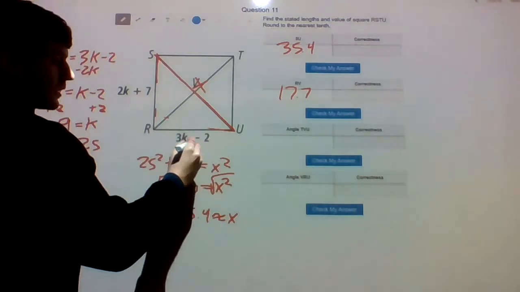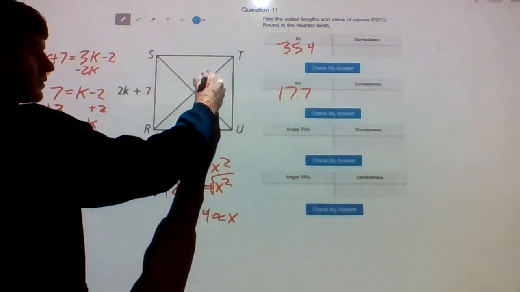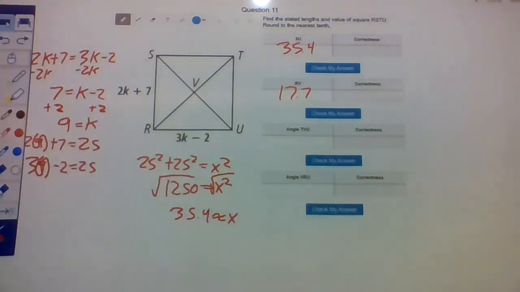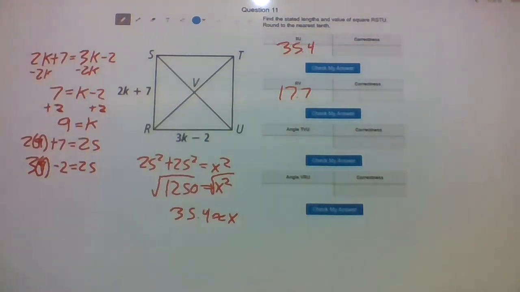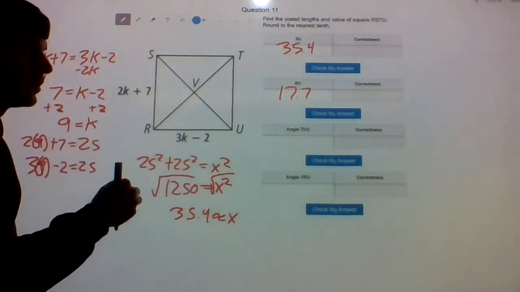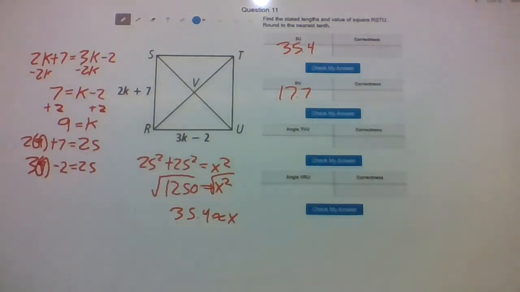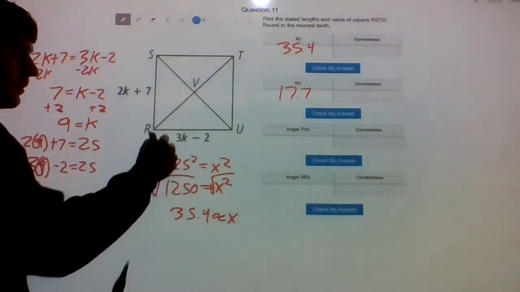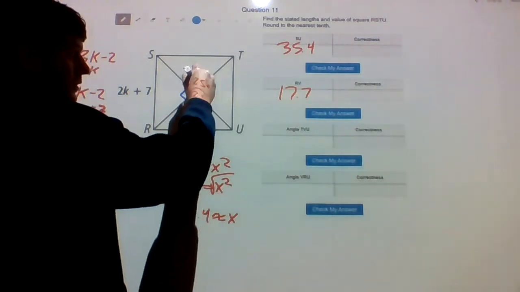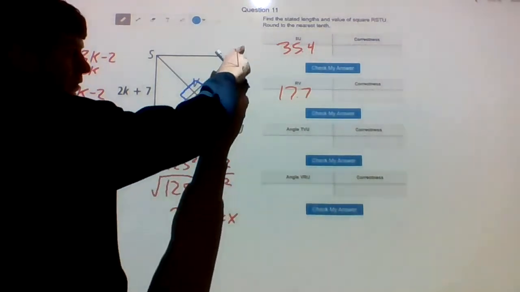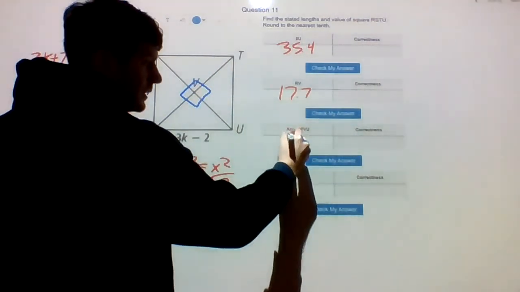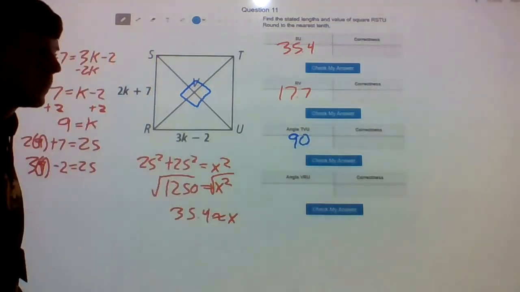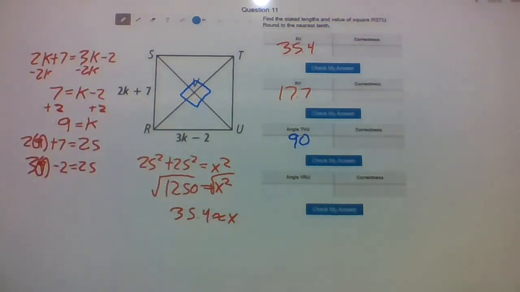And then let's look at the angles. A square is a rhombus and a rectangle. Since it's a rhombus, the angles in the middle are 90 degrees, so angle TVU is going to be 90. And since it's also a rhombus, the diagonals bisect the opposite angles.